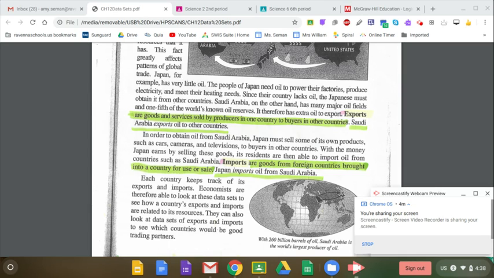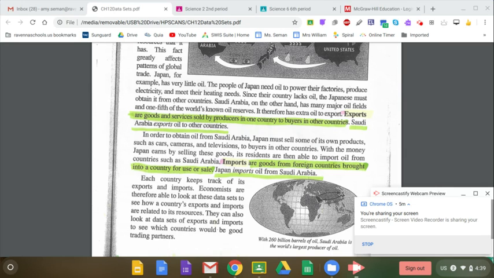Export, and here's one of your terms: exports are goods and services sold by producers in one country to buyers in another country. Saudi Arabia exports oil to other countries. In order to obtain oil from Saudi Arabia, Japan must sell some of its own products, such as cars, cameras, and televisions, to buyers in other countries.